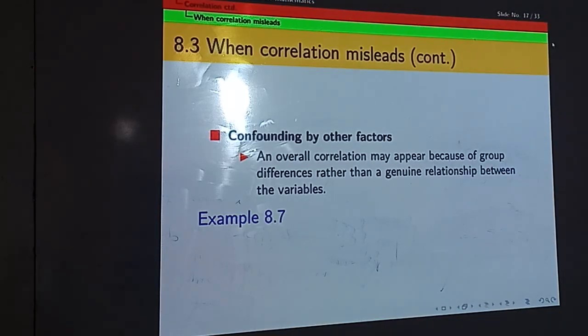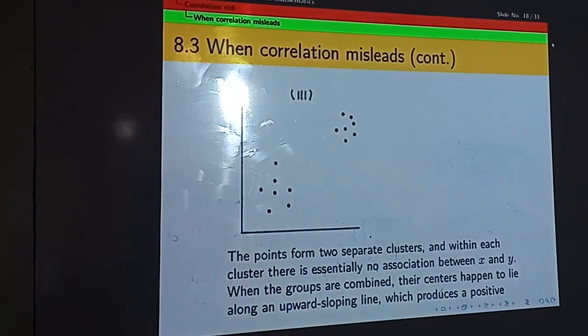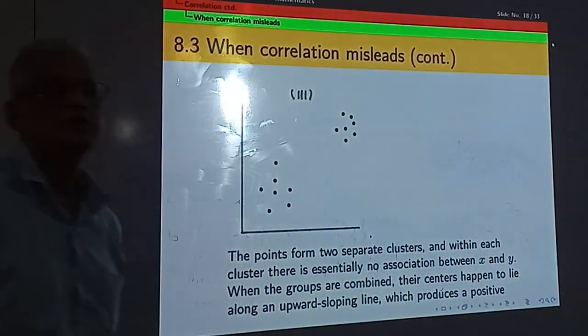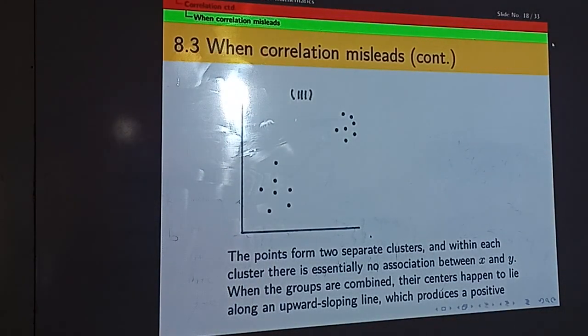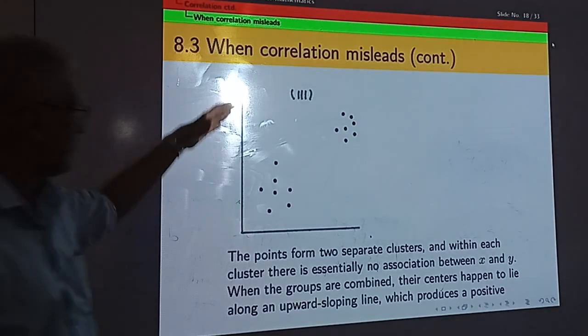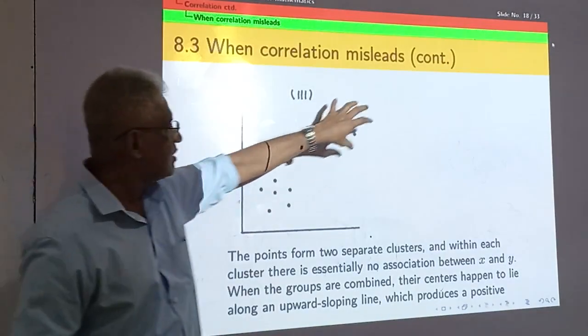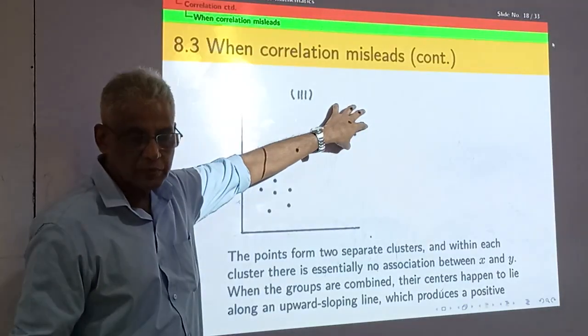And a few more things: confounding by other factors. It's possible to have this kind of graph. For example, suppose there are two groups. You are looking at variables x and y, but this is the scatter plot for one group, and this is the scatter plot for the other group.